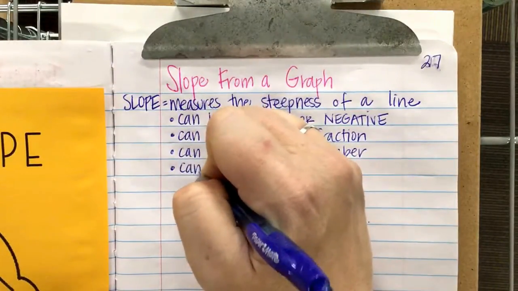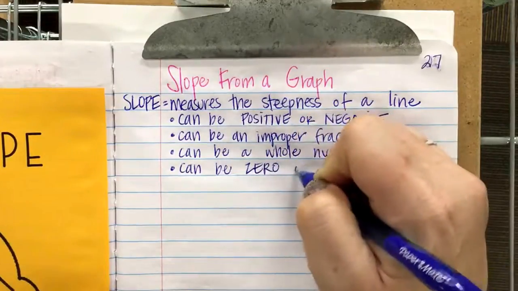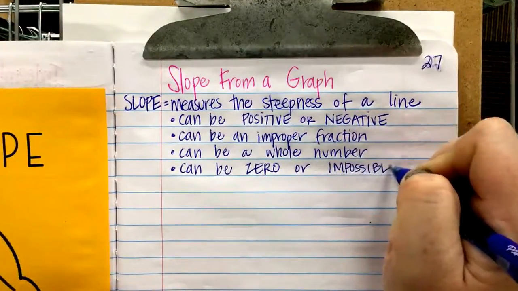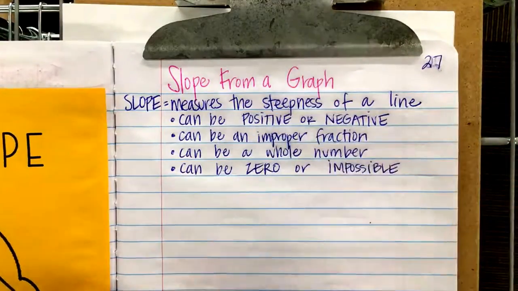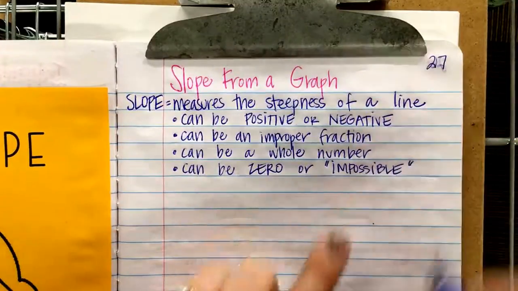It can be 0 or impossible. And this impossible has a specific word.